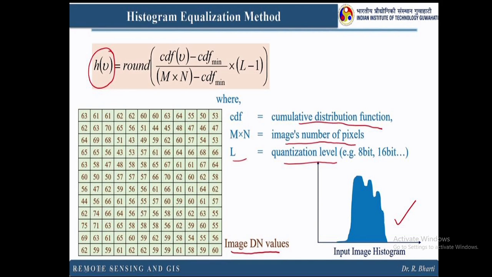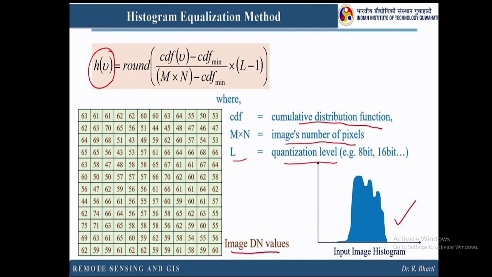CDF is the cumulative distribution function, M times N is the number of pixels in the image, and L is the quantization level, such as 8 bit or 16 bit, and DN is the digital number. We take the round of the CDF minus CDF minimum, over M times N minus CDF minimum, times L minus 1.